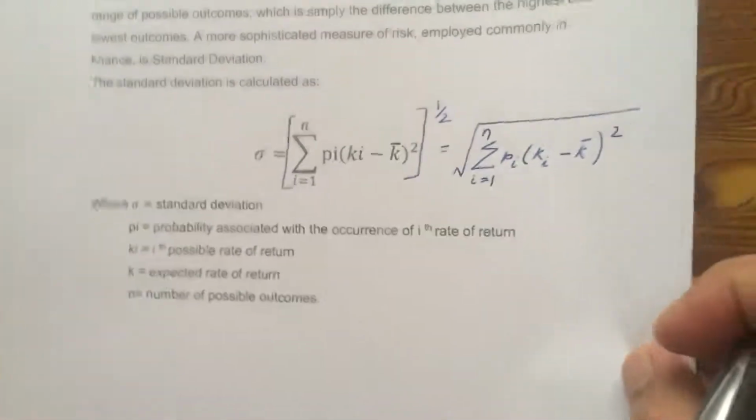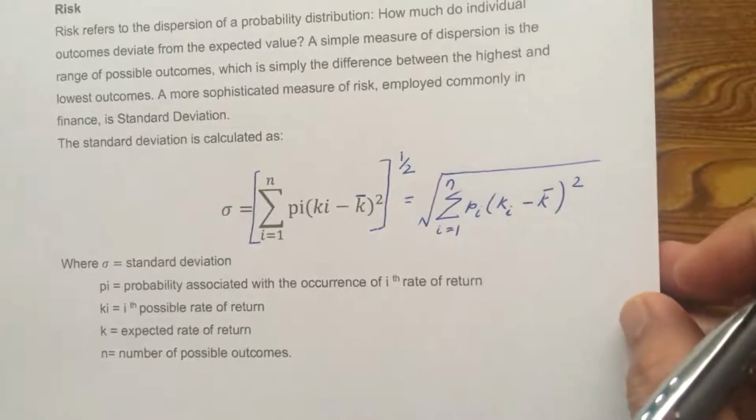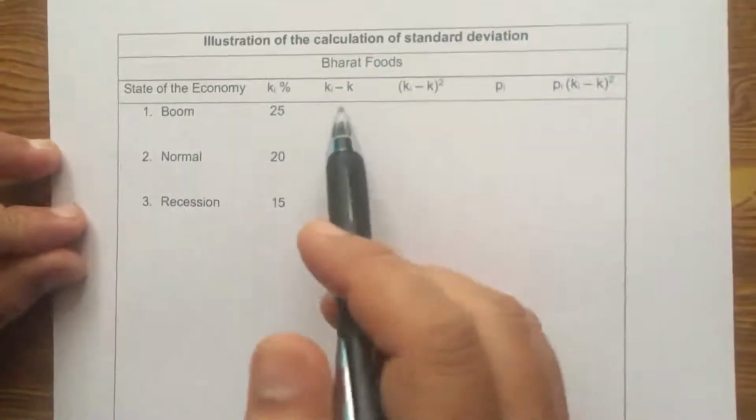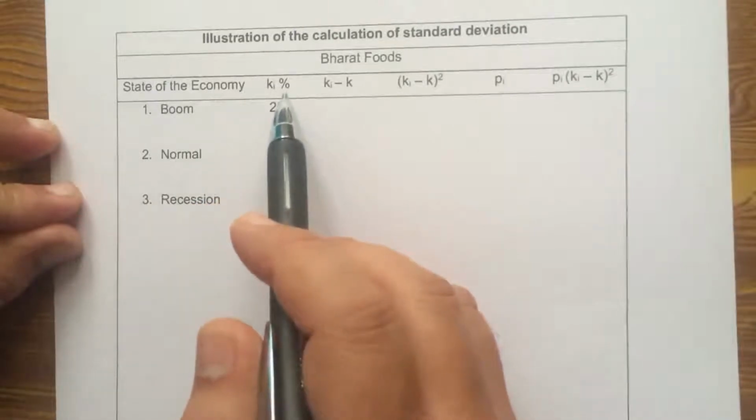Now let us calculate the standard deviation for Bharat Foods and Oriental Shipping. Here's the problem. Let's do this for Bharat Foods first. State of the economy, Ki, you know what is Ki?